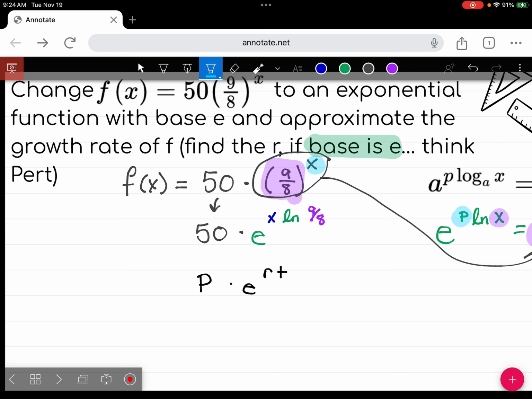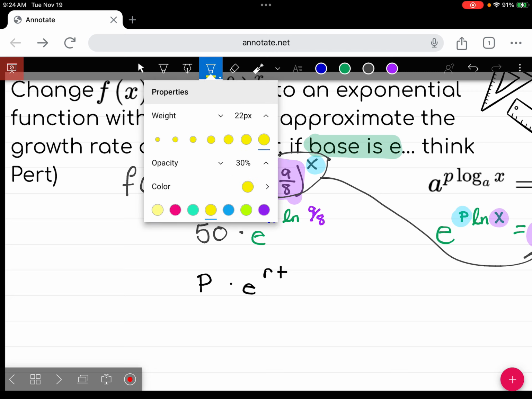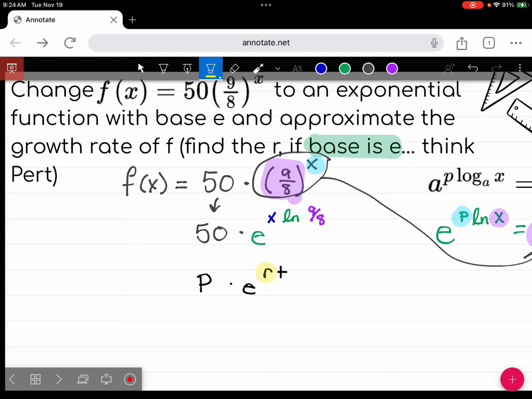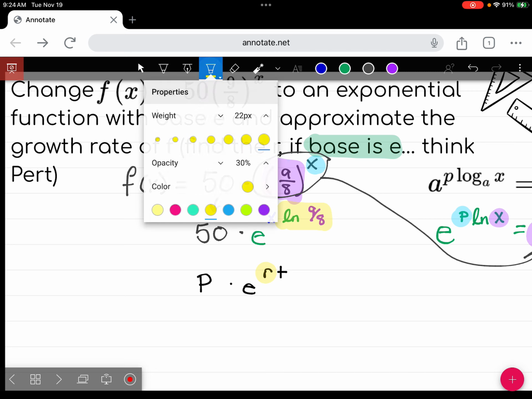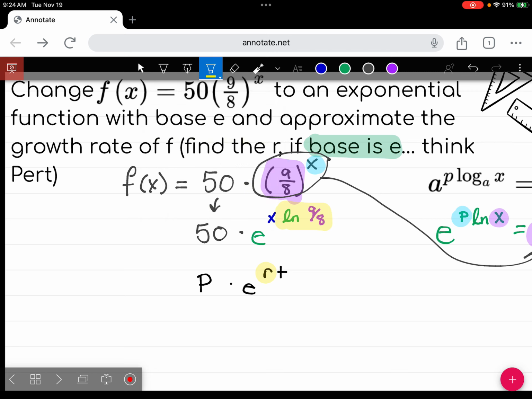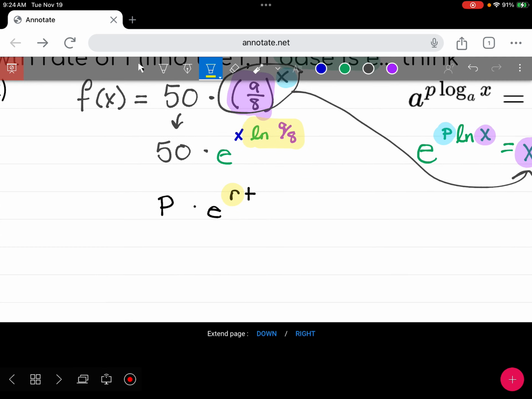And what they're trying to get us to see here is this R, which is going to be whatever the number is that's next to my X. So we're not looking at our X piece here, we're looking at that natural log of 9/8. So our R is going to equal that natural log of 9/8. We want that as a decimal, so we're going to type that in the calculator. What is the natural log of 9/8?